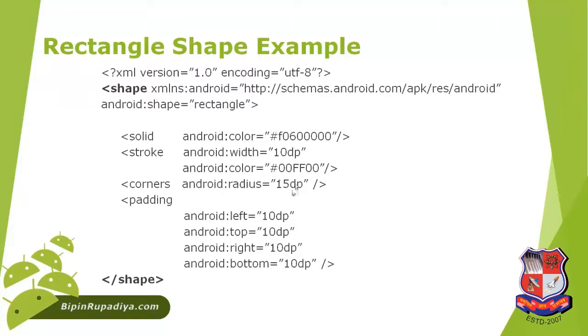If you need an angular rectangle or a normal rectangle, just keep it 0 or omit the radius parameter, and it will become the normal rectangle. Now that rectangle requires certain padding, so that padding we are specifying right here, all left, top, right and bottom, all 10 dp.